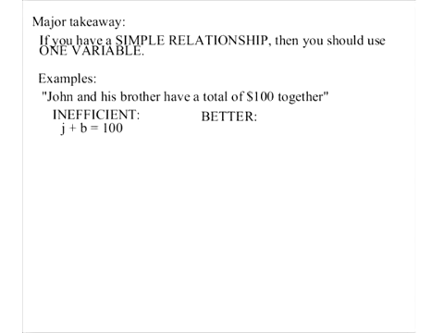A couple of you are typing it. So John is X, and yes, a couple of you are getting it. John is X, and his brother is 100 minus X. This is something you should be able to produce pretty much automatically.